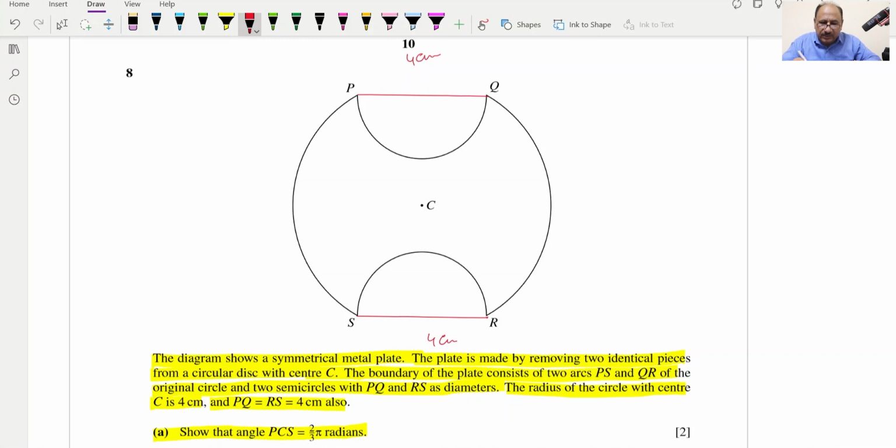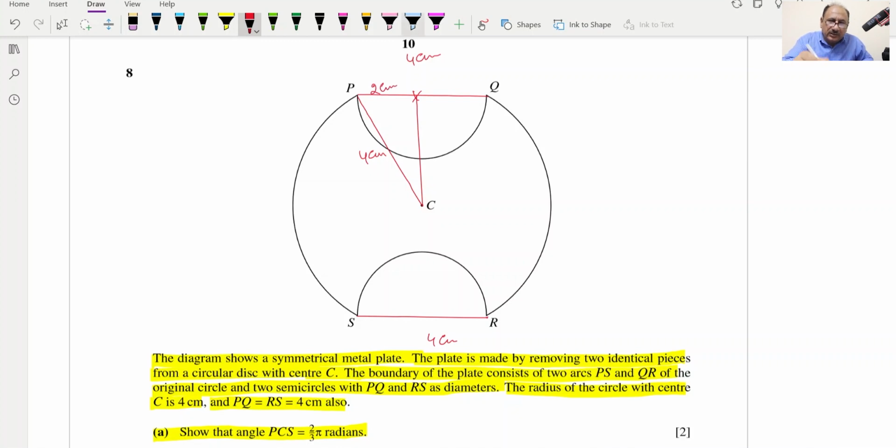And if we draw C with P, if we join this one, this is also 4 centimeters. If we take the midpoint of this one and join this with this, this will be 2 centimeters.